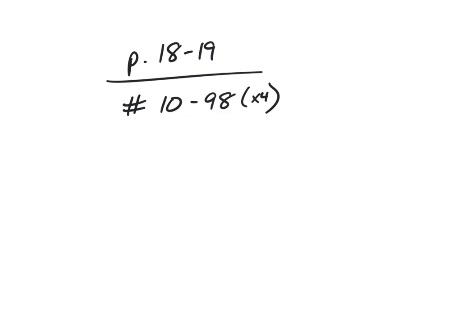So we're going to go by 4s. We're going to start with 10. And then we're just going to add 4. So then the next one would be 14. So you've got to do a little bit of math when you're doing your assignment, right? And then we're going to do 18. And we're going to keep going. And as long as I counted right, we should stop at 98 as the last problem that we do.